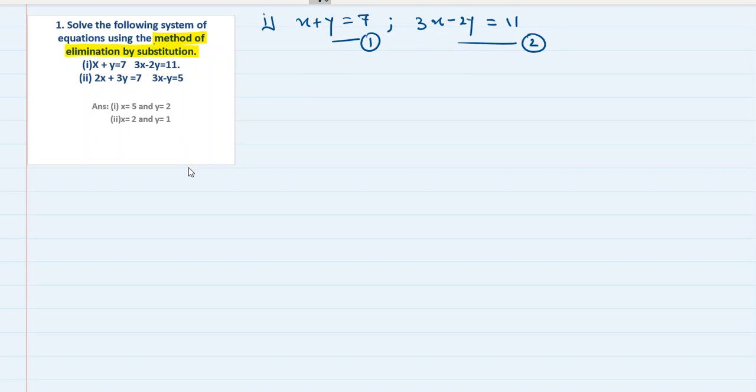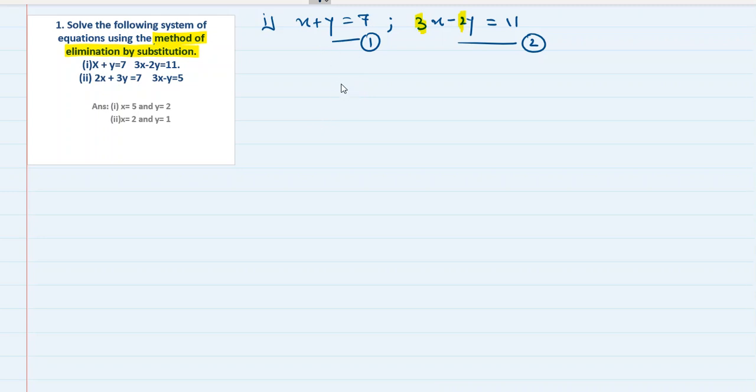We should select such an equation which is simpler, which has got the coefficients of x or y as 1. Here the coefficient of x is 3, here the coefficient of y is minus 2, here the coefficient of x and y both are 1. So out of these two equations, the first equation is simpler.